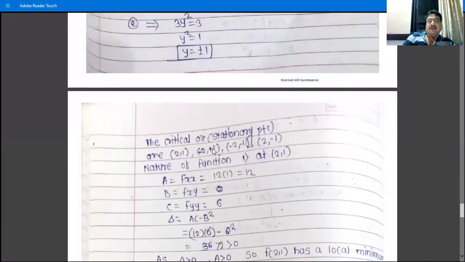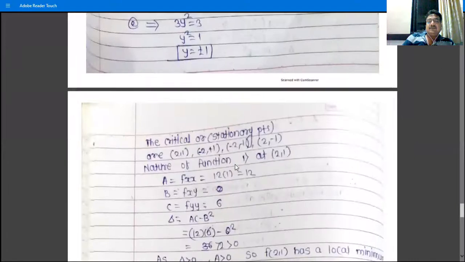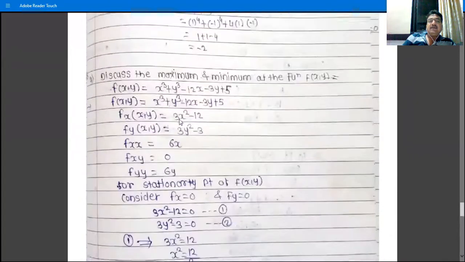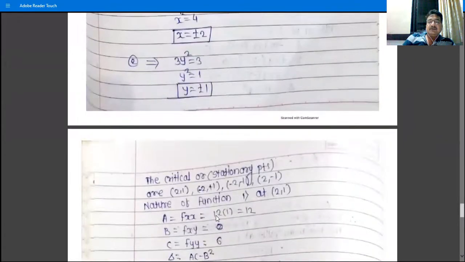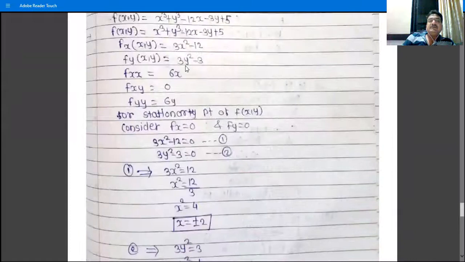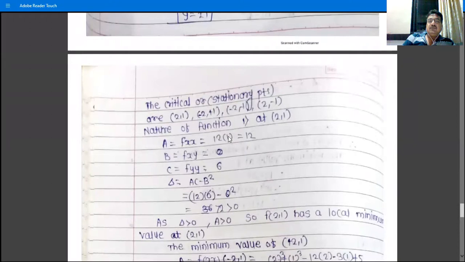Correction here: fxx is 6x, so 6 into 2, that is 12.